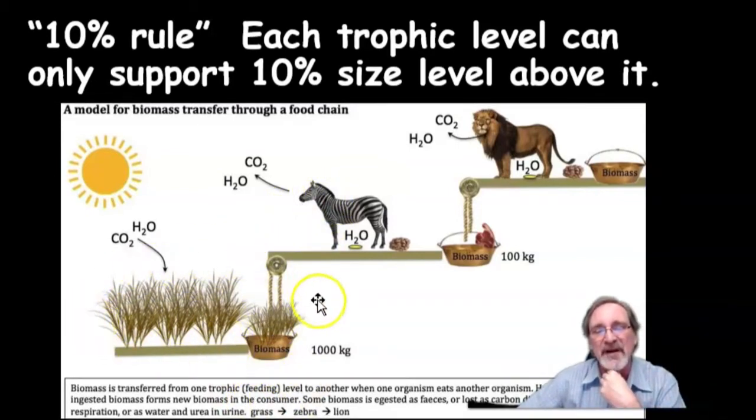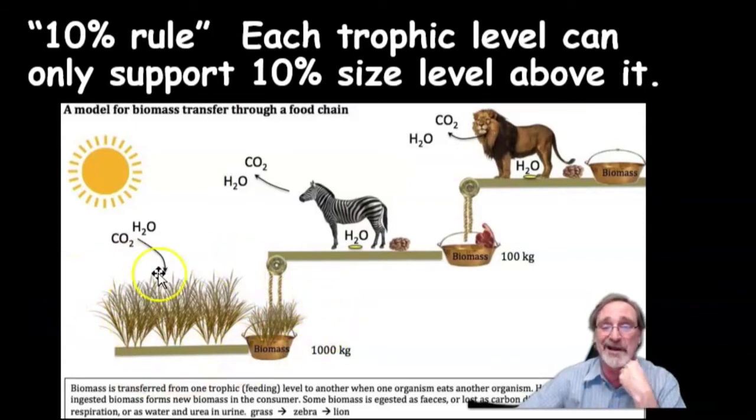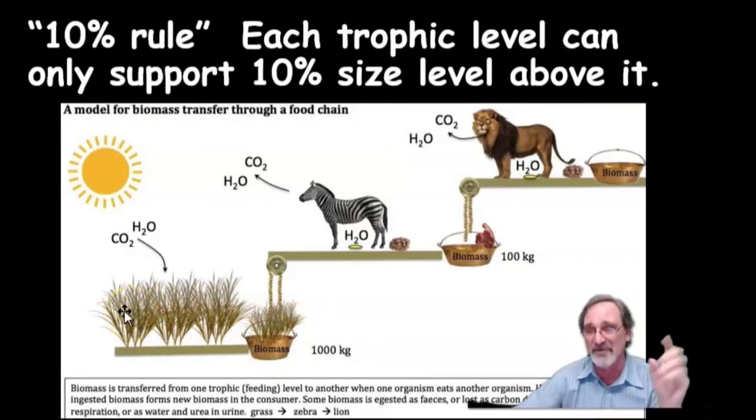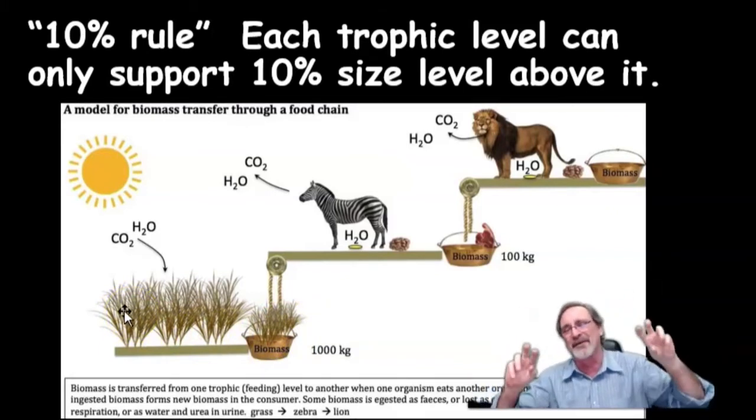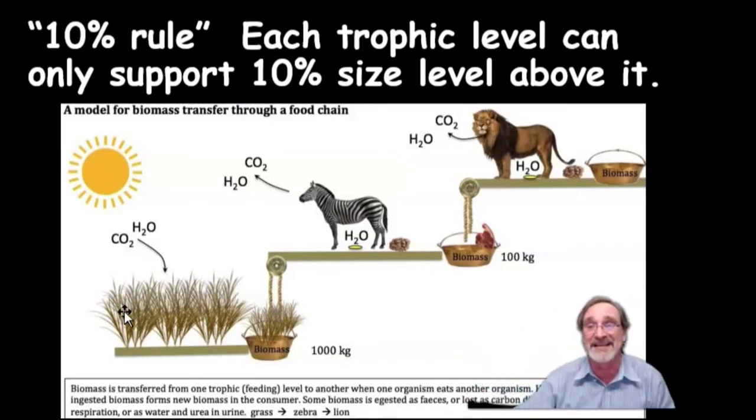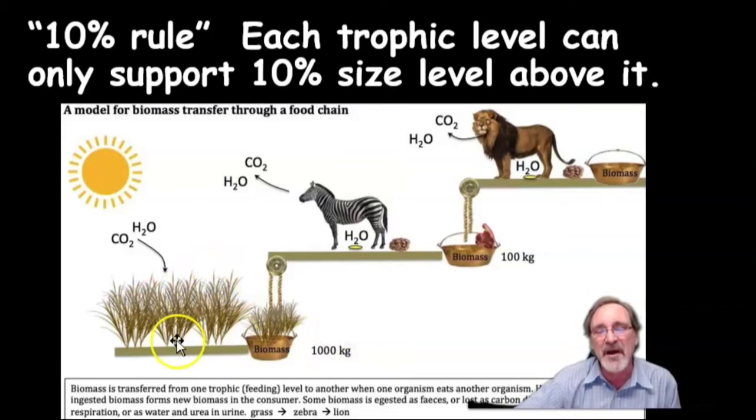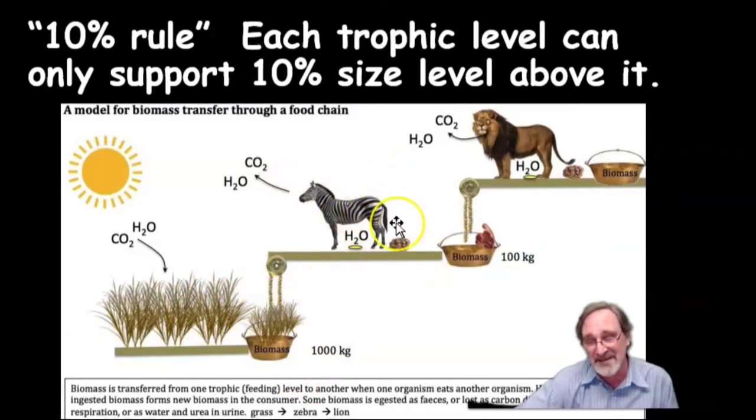Well, for every 1,000 kilograms of grass in the plains, that can sustain at most, and this is a rough number, it's just a guideline, right? It isn't exactly that, but for our purposes it works fine. Only 10% of that can go up to the next level. And so if you picture this thing carting up 10% to become the zebra, right?